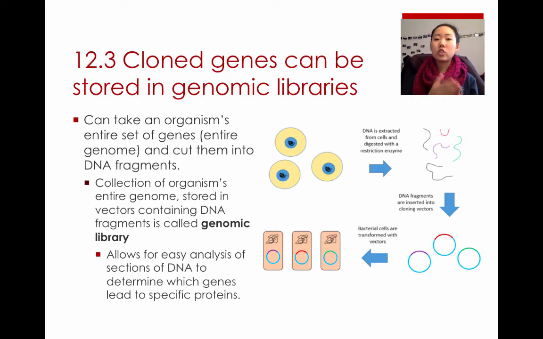So we pretty much just chopped up all of the organism's DNA and separated it. And the reason why we might do this is because it becomes very easy to analyze which specific genes lead to what kind of proteins. A lot of times you don't necessarily know. And so you can do this, and then you have this array, this library, and you can check each individual segment of DNA and see what it does.